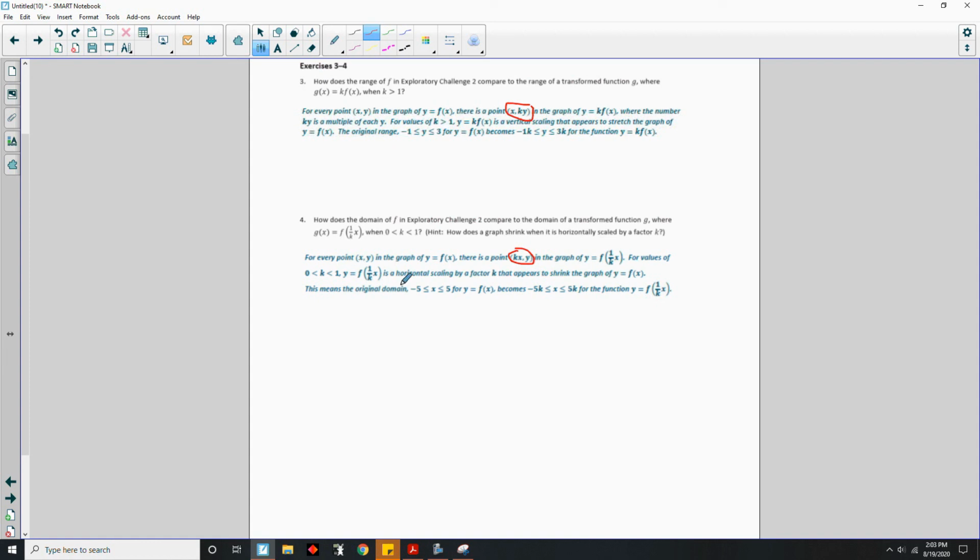This means the original domain from -5 to 5, we're talking domain now, x values, so x between -5 and 5, for y equals f of x will become -5 times that constant to 5 times that constant for the function y equals f of 1 over k times x.